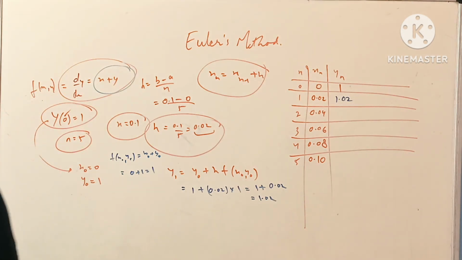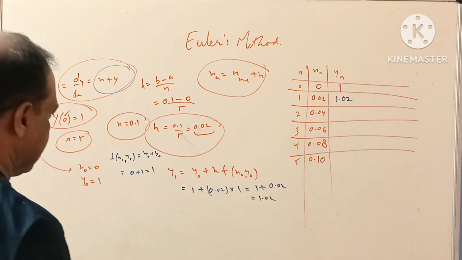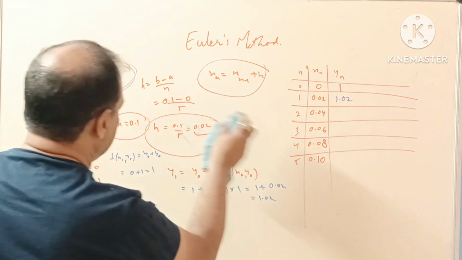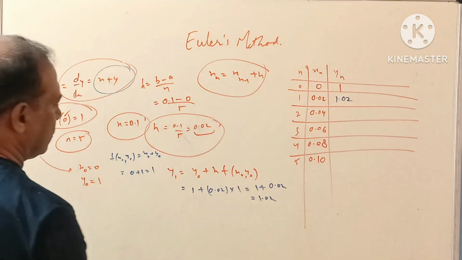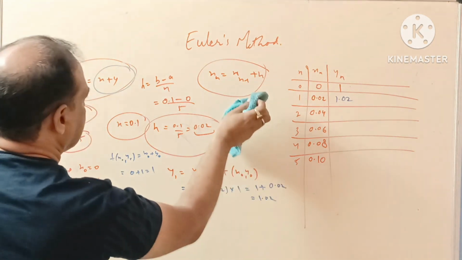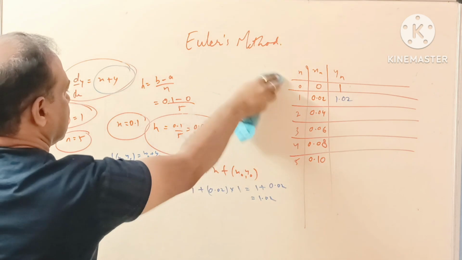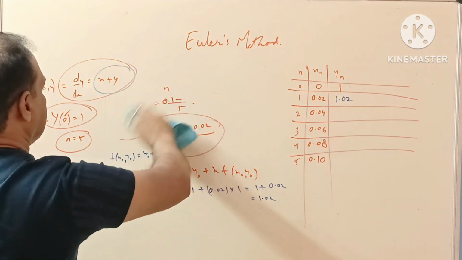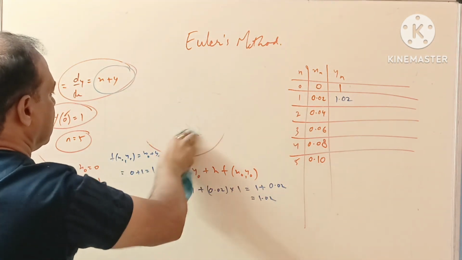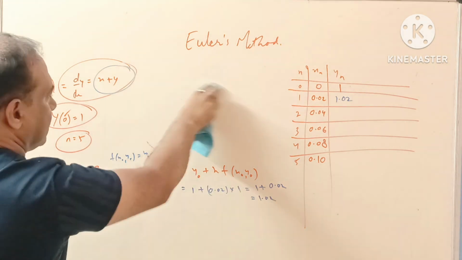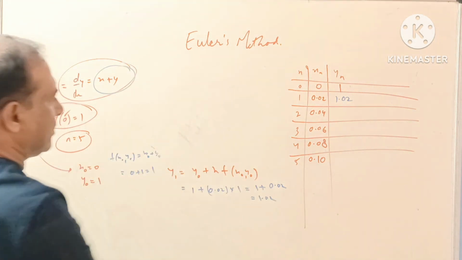Just wait. I have to solve it, so I may remove all these things from here. Here you have to use your calculator. Try to use it in a better way.